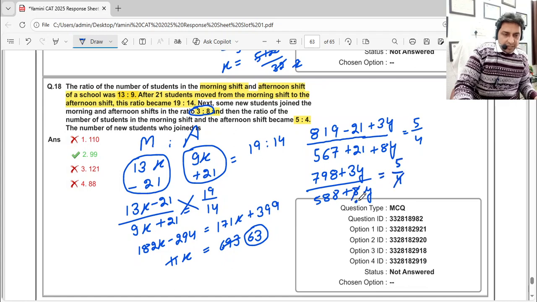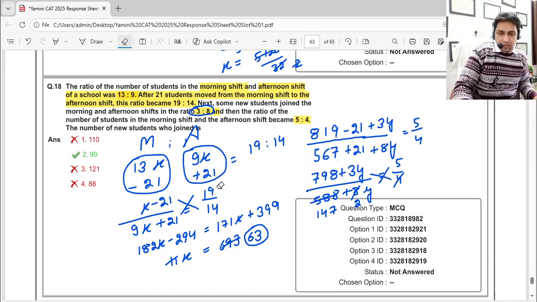This 4 can be cancelled out. 4 into 147. Now do a cross multiplication. Let's rub this, because this has been already taken care of, has been solved.